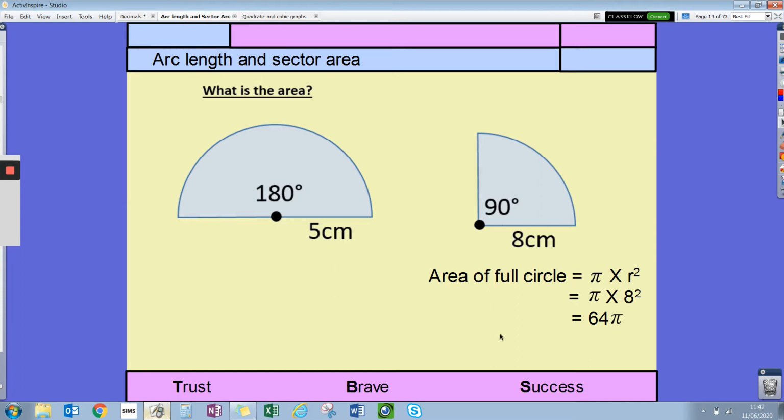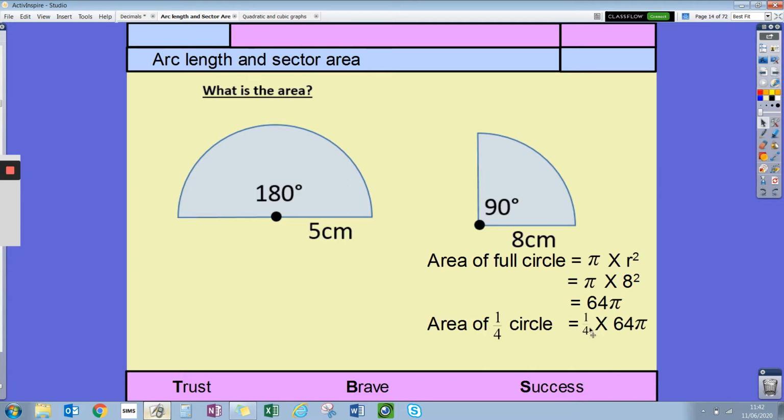I need to find the proportion of the circle. So this is a quarter circle. So I want a quarter of the full circle. I want a quarter multiplied by the area of the full circle, which when I put that in my calculator is 50.3 centimetres squared to 1 decimal place.